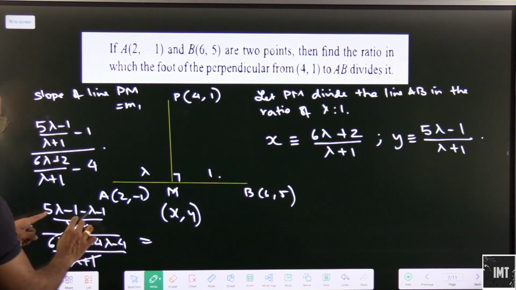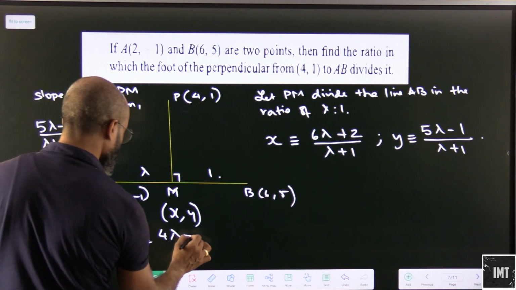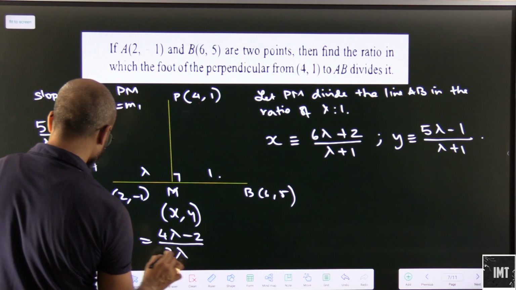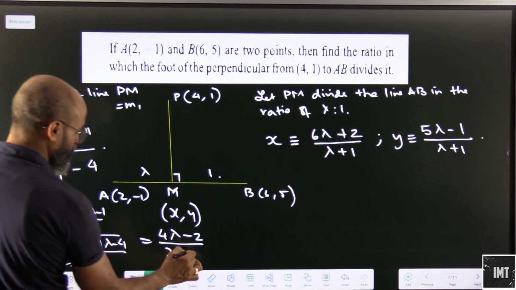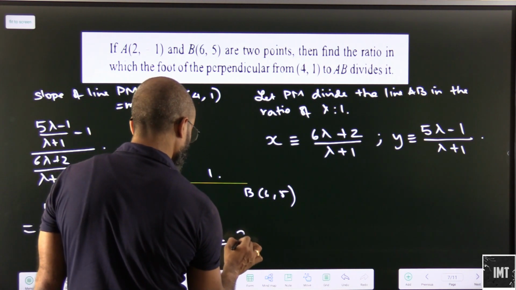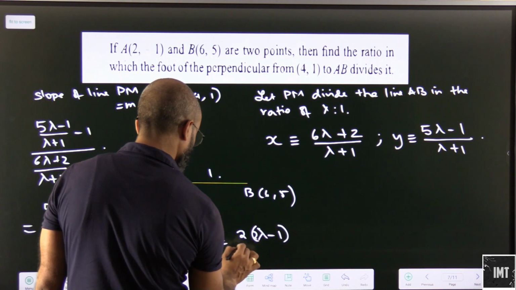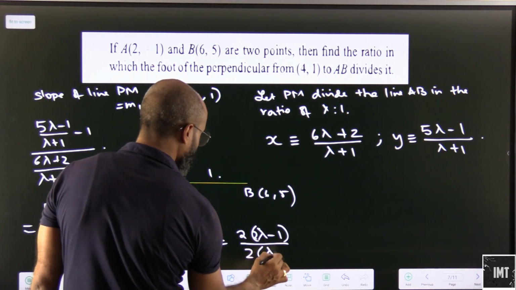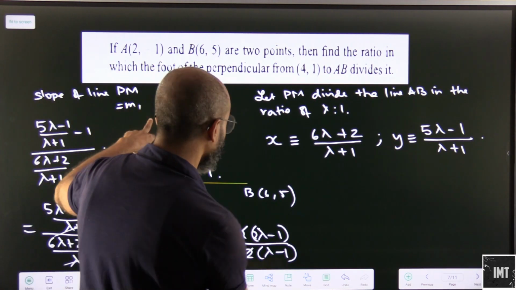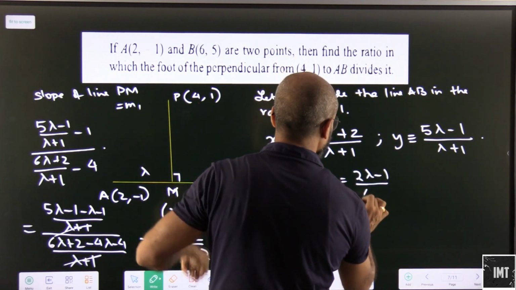So this will be 5 lambda minus lambda, 4 lambda, minus 2; and 6 lambda minus 4 lambda, that is 2 lambda, 2 minus 4, that is minus 2. So we can say this will be 2 into 2 lambda minus 1 upon 2 into lambda minus 1. This and this get cancelled. So M1 here is 2 lambda minus 1 upon lambda minus 1.